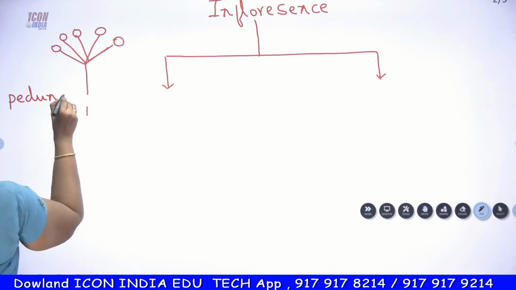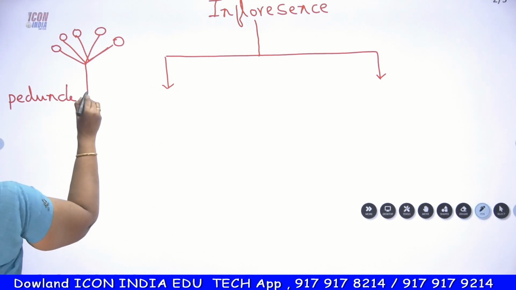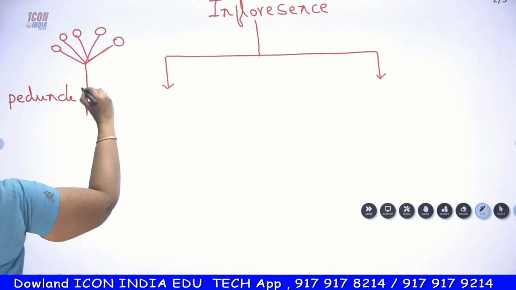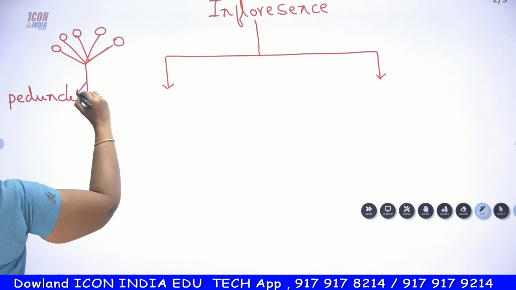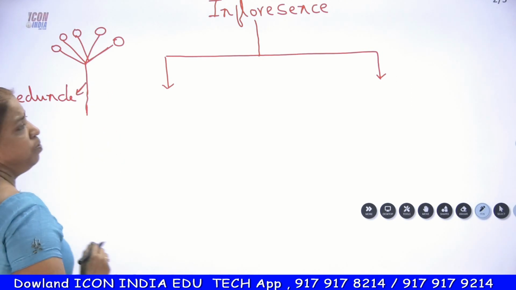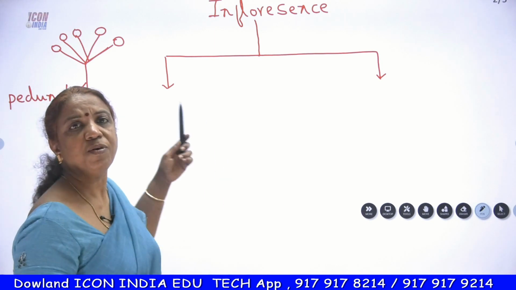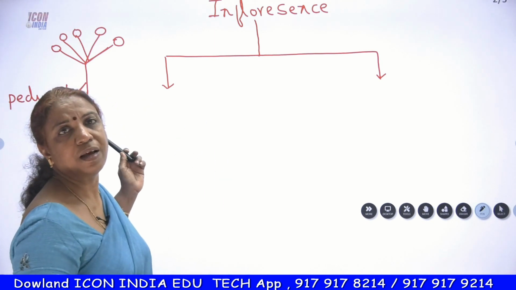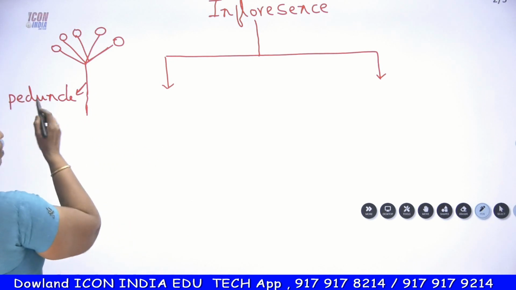The arrangement of flowers on a common axis is borne on the peduncle. The stalk of the inflorescence is the peduncle.